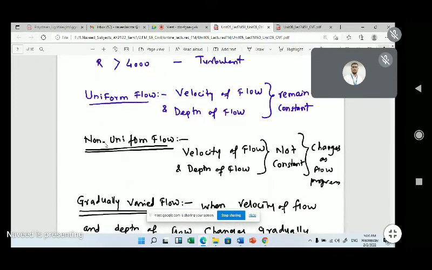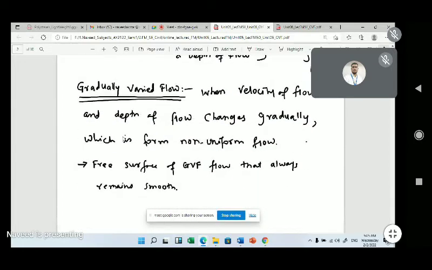In uniform flow, the velocity of flow and depth of flow remain constant. If the velocity of flow and depth of flow change as the flow progresses, then that is non-uniform flow. In non-uniform flow, if the depth and velocity change gradually, it is called gradually varied flow.